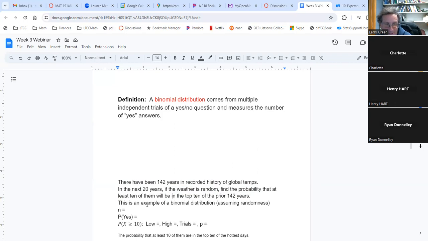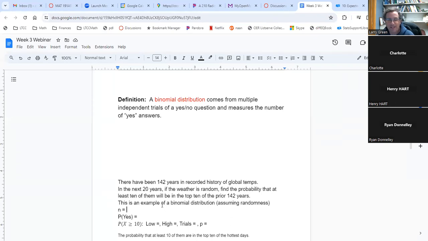All right, so this is an example of binomial distribution, because we're assuming randomness. And it's a yes, no question for each. N is going to be the number that we're surveying. How many are we surveying? There's a lot of numbers here, so this might be hard for you.